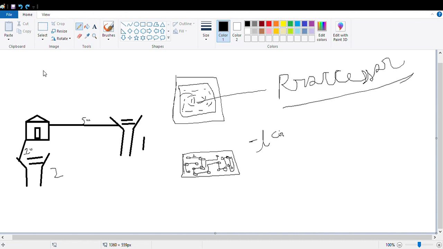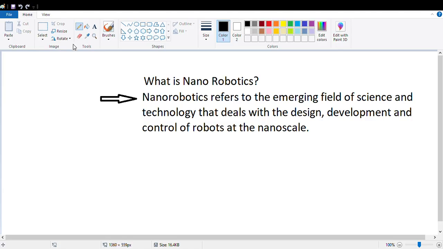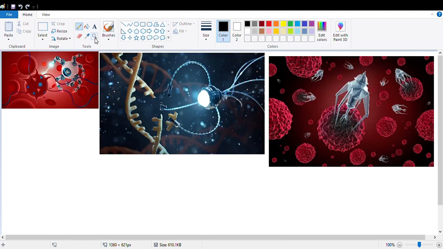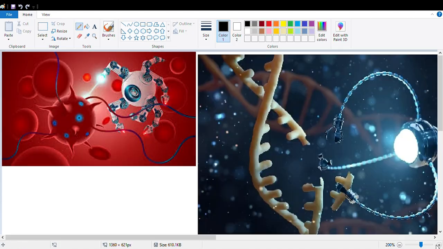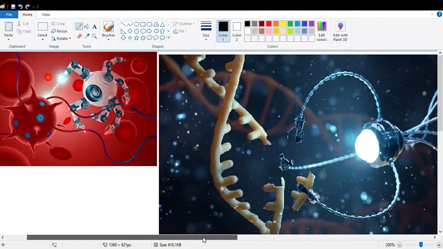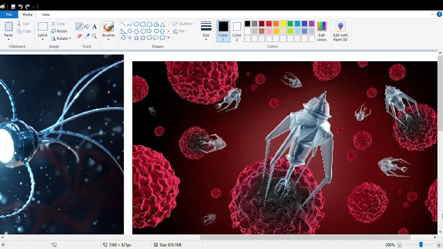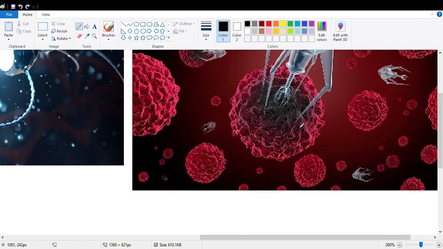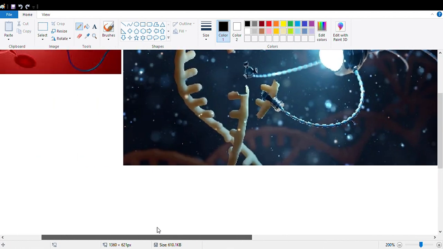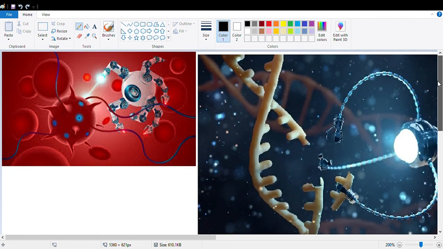Now let's move on to our third topic, nano use. Nanorobotics can be that small. As you can see, they are smaller than our blood cells, smaller than our DNA, and smaller than viruses. They are incredibly small.